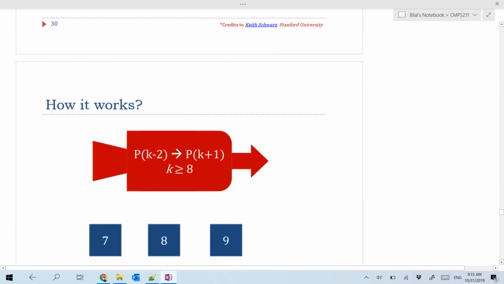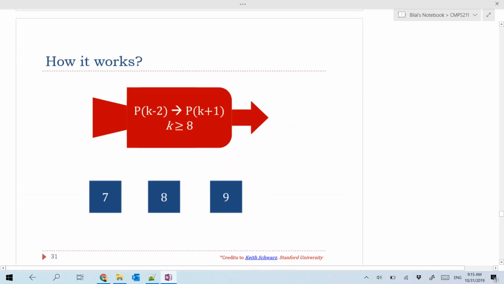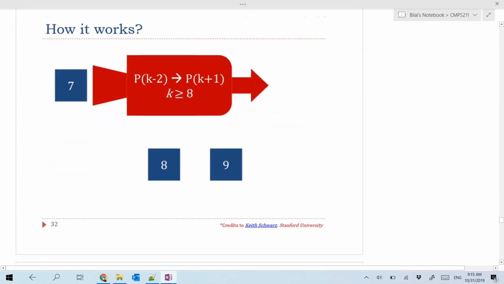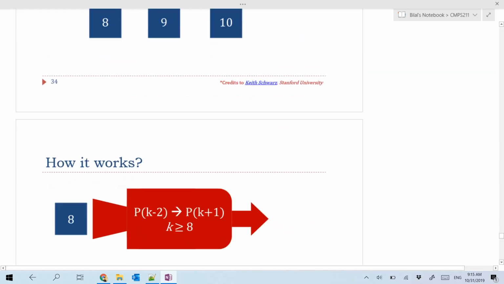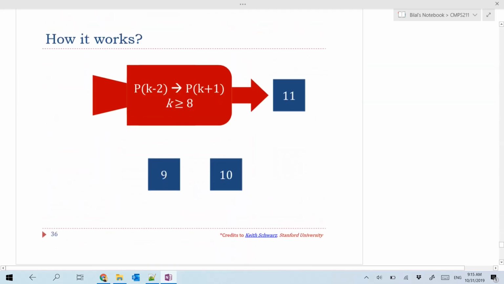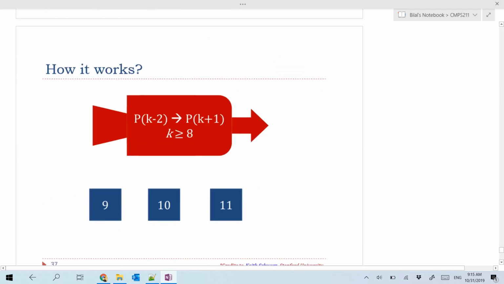So now from 7 you can reach 10 squares, from 8 you can reach 11 squares. And now you have 3 new base cases, 9, 10, and 11. And then from them you can reach 12, 13, and 14 squares. And from there you can reach 15, and so on and so forth.